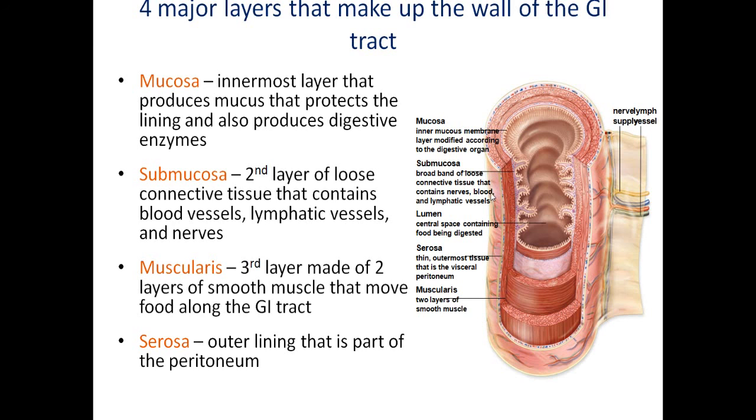Okay, and then the serosa is the outermost layer, and that's the peritoneum, the visceral peritoneum. It's a serous membrane that lies on the outside of the digestive tract. It produces serous fluid, which is going to reduce friction. So you don't feel your stomach, you feel things moving through your stomach, but you don't feel like your intestines rubbing against your body cavity.